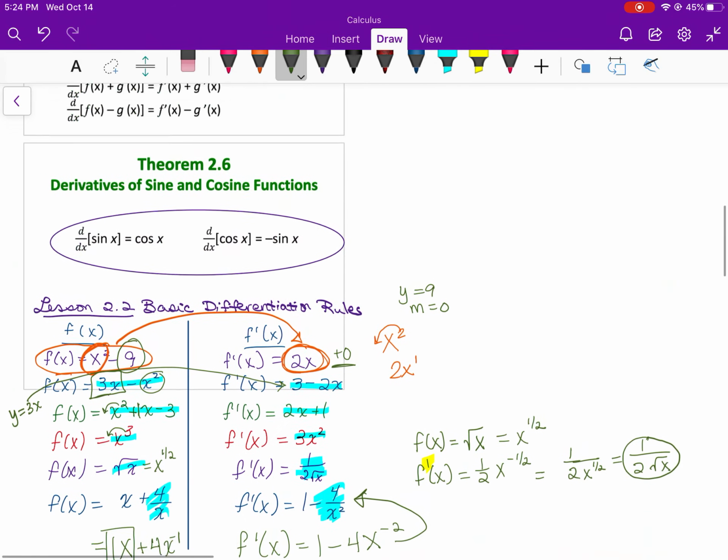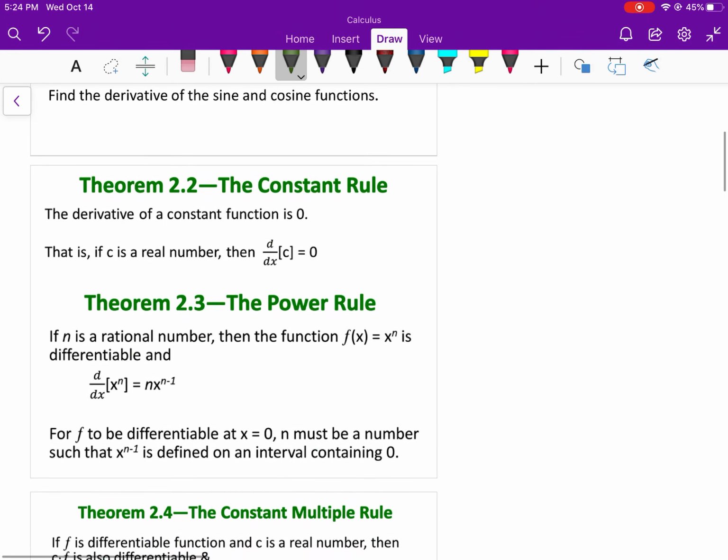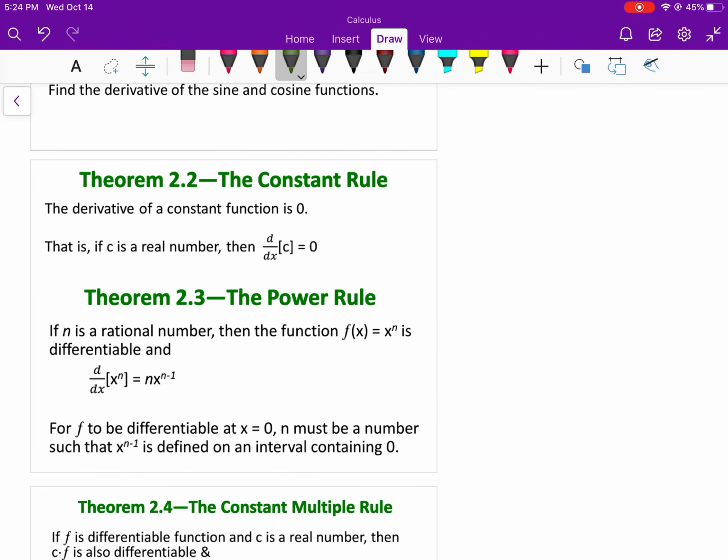All of these rules that I've used are up here in your notes. So the kids actually came up with these rules on their own. So this just says the derivative of a constant is 0. So for example, if f of x is 3, f prime of x would be 0. The power rule just gives me permission to bring my exponent down to the front and lower it by 1.